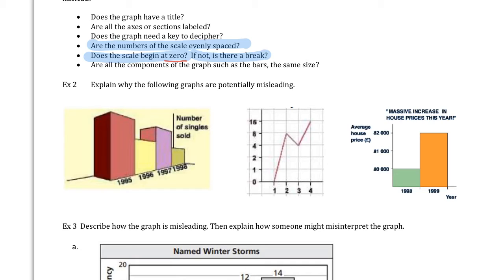So this would be that last one: the bars are the same size, so bad perspective. There's also no y-axis label at all. So we know it's the number of singles sold, but we don't know if those are like 10 or 32 million. We don't know.